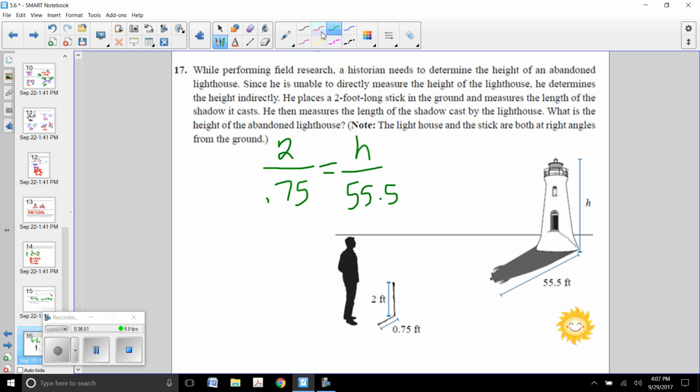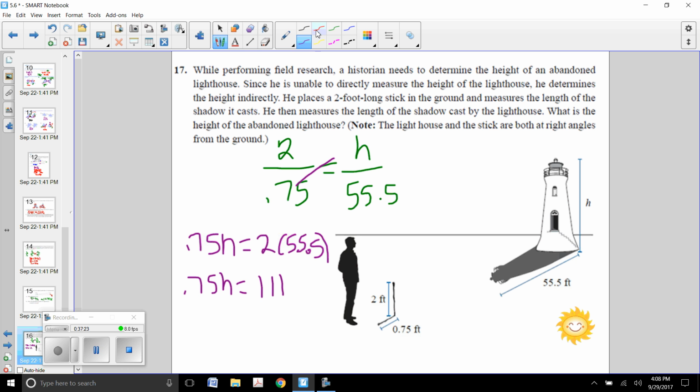And we'll cross multiply to get that answer. So our 0.75 is with our h. And that should be the same as 2 times our 55.5. And so 0.75h is the same as 111.